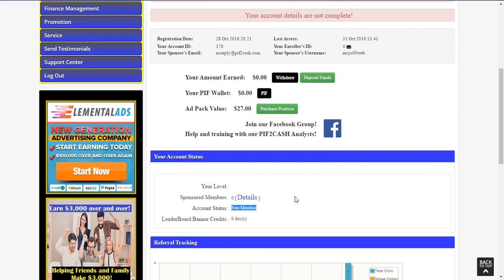That means everybody will eventually be PIF'd into PIF2CASH, every single person. Eventually you will have 1, 2, 3, 4, 10, 20, 30, 50 PIFs to give away. If you have 50 free members, eventually they will all be upgraded and you will be able to select the next group. So your group is always going to start with who is free.